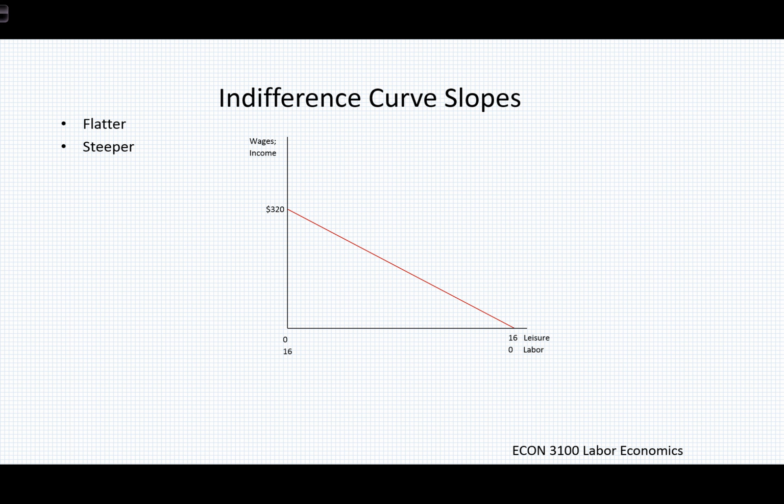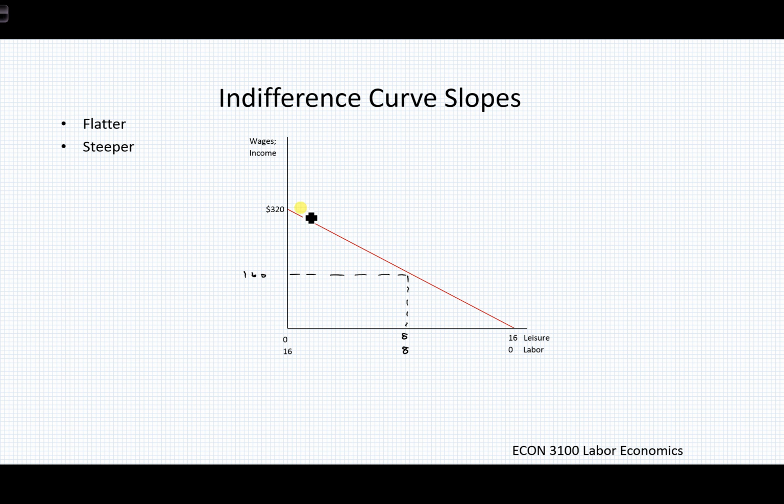First, let's think about what it means when we have a flat or a relatively shallow indifference curve versus a relatively steep indifference curve. So let's begin with our initial construction here. And just think about this at 8 and 8 hours of labor and leisure and $160 of wage income. So what would a flat indifference curve look like?